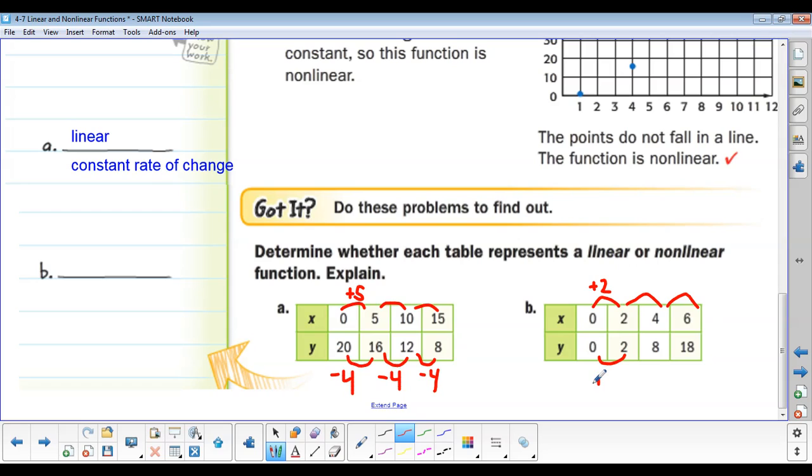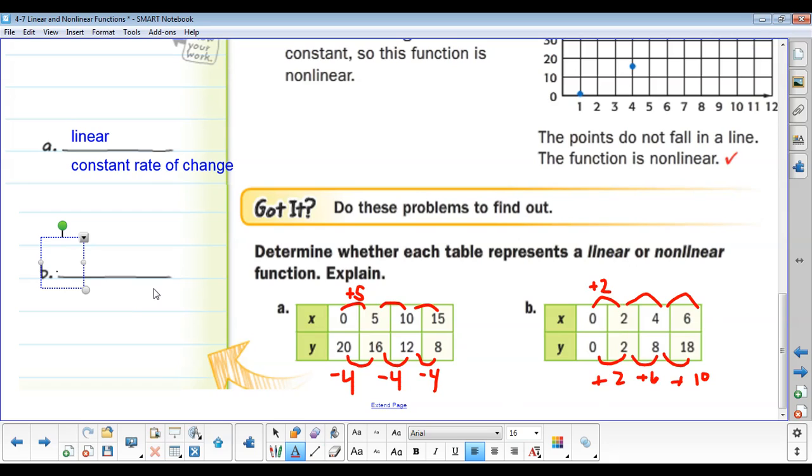Here, this goes up by 2. This goes up by 6. And this goes up by 10. So right away we see y is not changing by the same amount each time. So it is nonlinear.